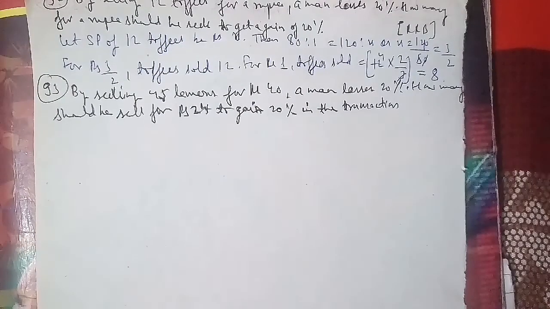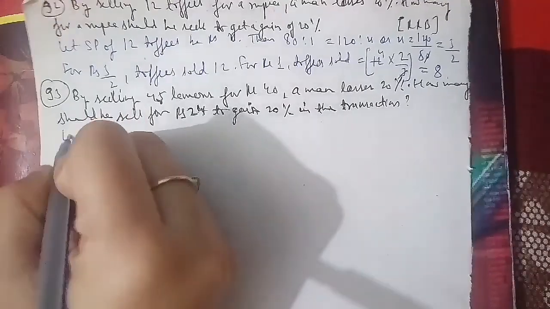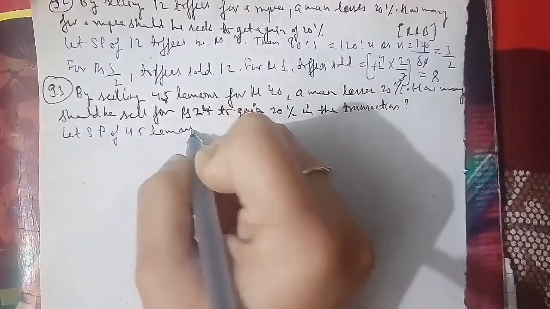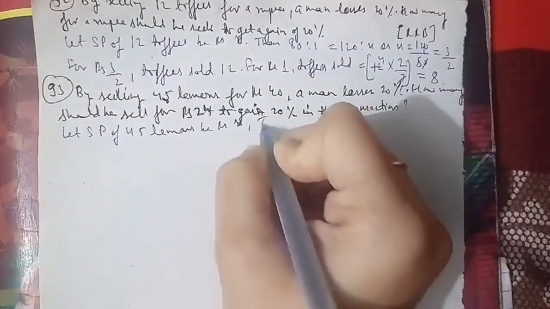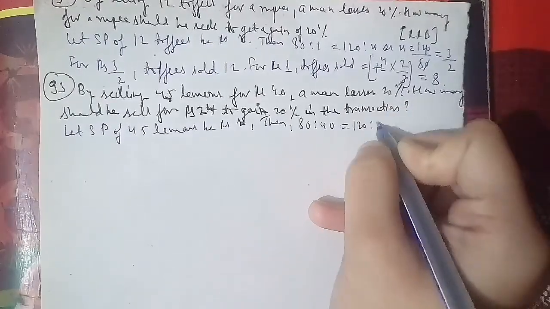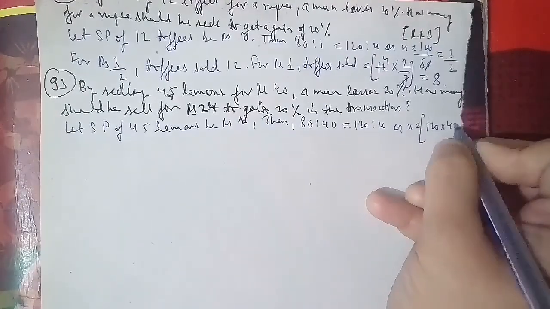Lemons sold are 45 for rupees 60. For rupees 24, lemons sold equal 45 upon 60 into 24. 5 nines are 45, 5 ones are 5, 5 twos are 10, and this is 9, 3 threes are 9, 3 fours are 12, then 4 ones are 4, 4 sixes are 24, so 3 sixes are 18, that we get as the answer.